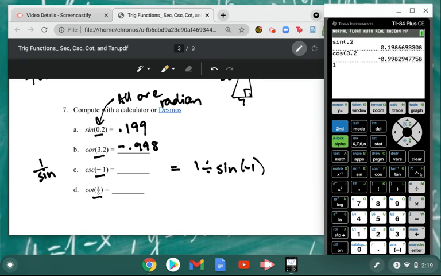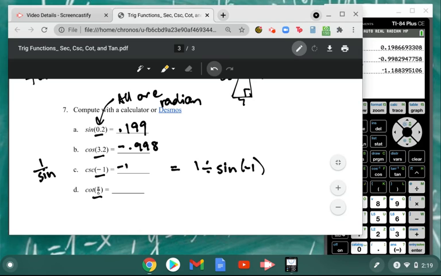It's not the same as sine inverse. Sine inverse will give you an angle back. That's not what I want. I want the reciprocal. And I get -1.188.